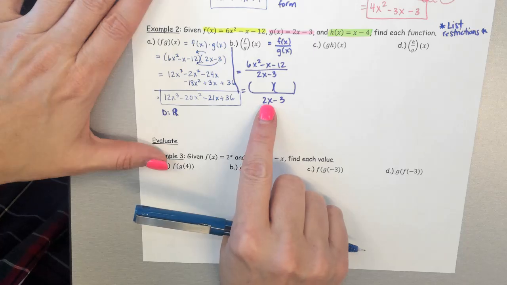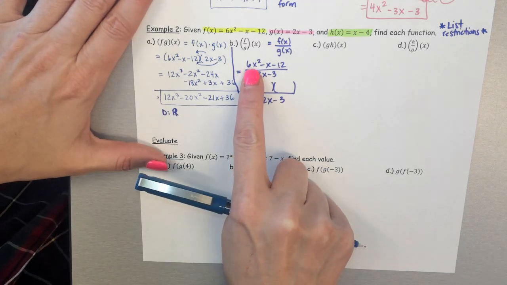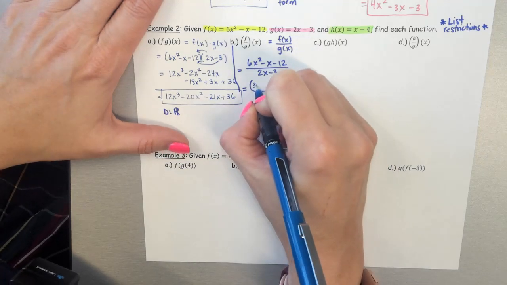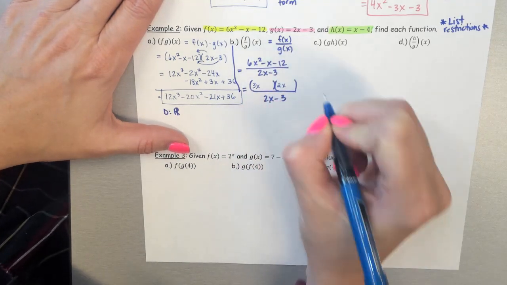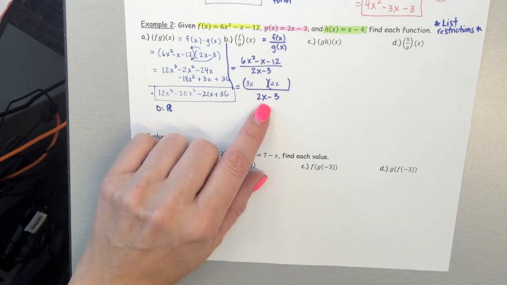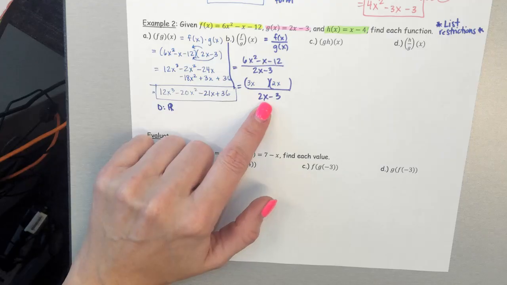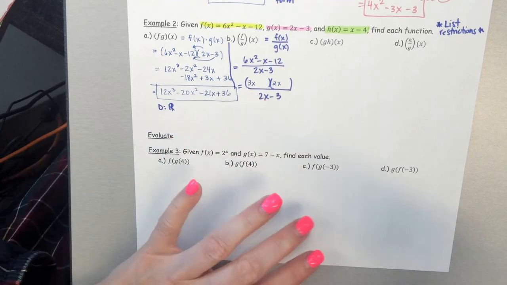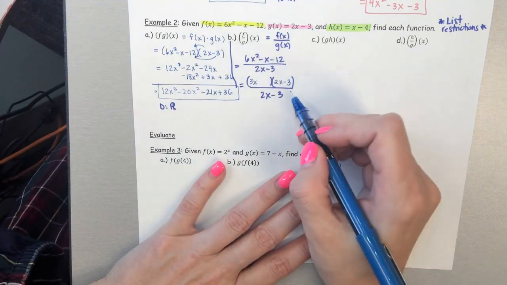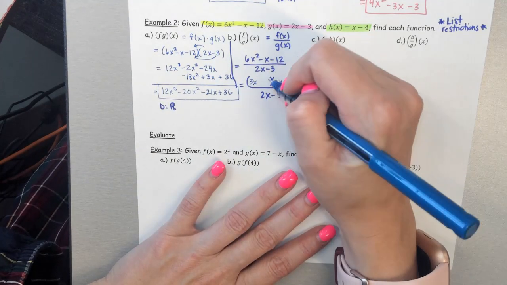See how this starts with a 2x? So when I'm guessing and checking, because I don't have any GCF or a special pattern, I'm probably going to start with my 3x and 2x because I want to see if these cancel. Now that's not going to work all the time, but it is a good way to get started. So if I were to put a negative 3 here, to get to negative 12, I'd have to multiply negative 3 by what?